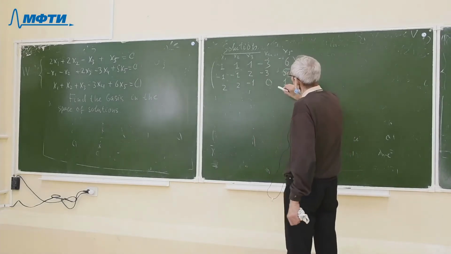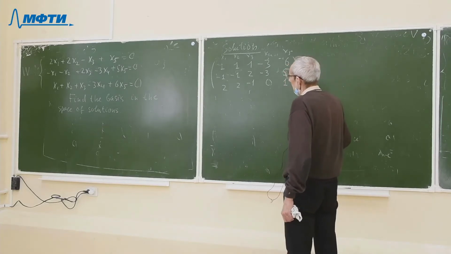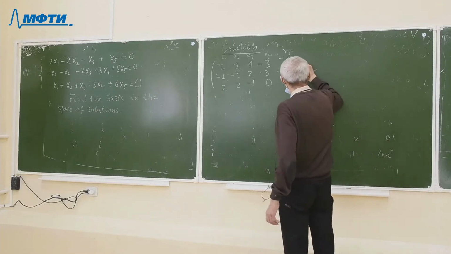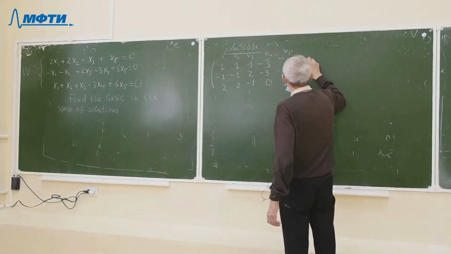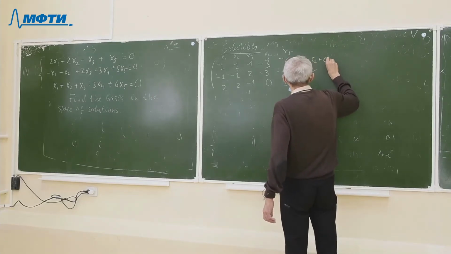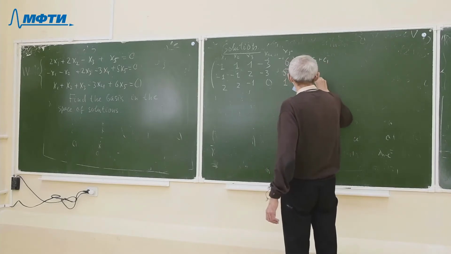For this aim, I will use the following elementary transformation. First of all, I put the second row equal to the second row plus the first, and the third row equal to the third row minus 2 times the first.